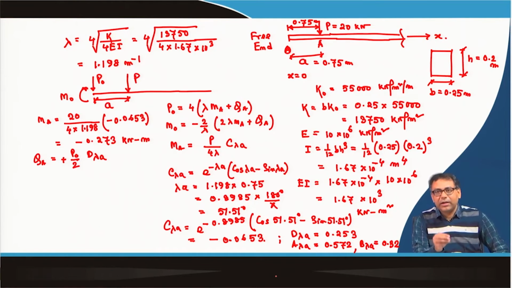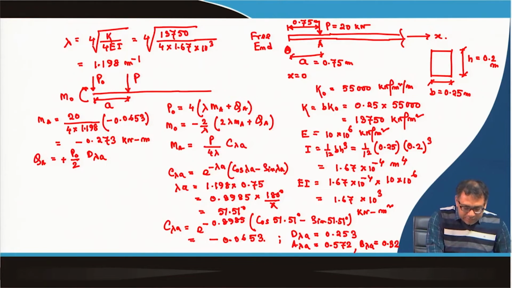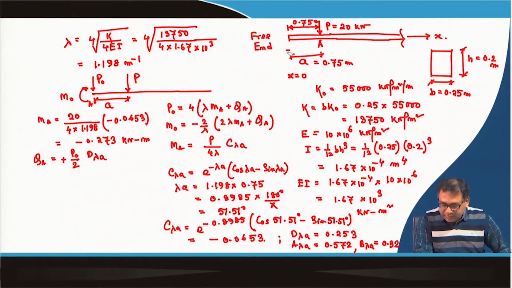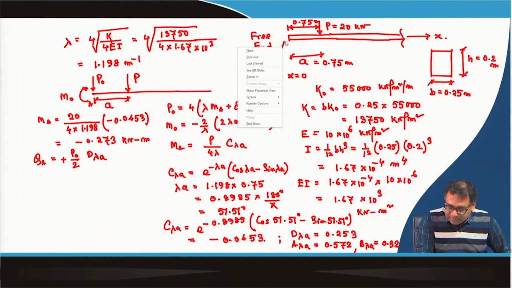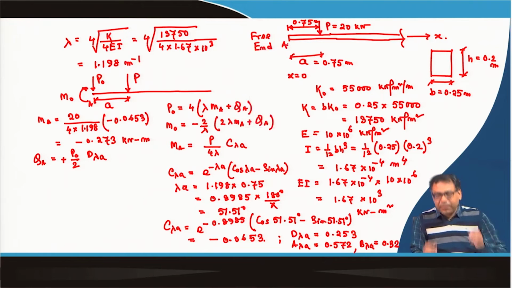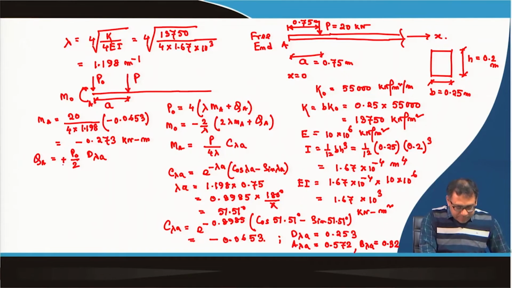But the equations that are given are for the right side of the loading. So, here you can see that point A is this point, the free end. So, the free end, point A, is to the left side of the loading. So, here the shear force will have opposite sign and the slope will have opposite sign. So, that is why it is plus P 0 by 2 d lambda A.